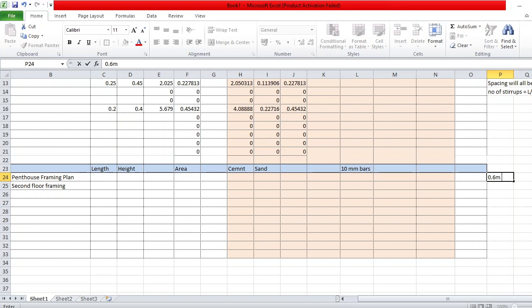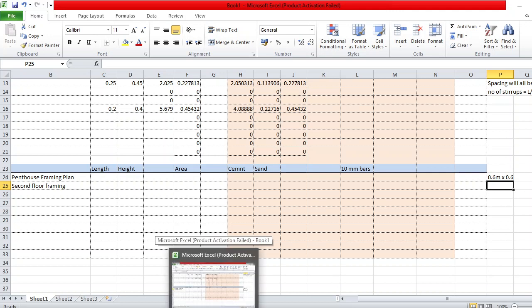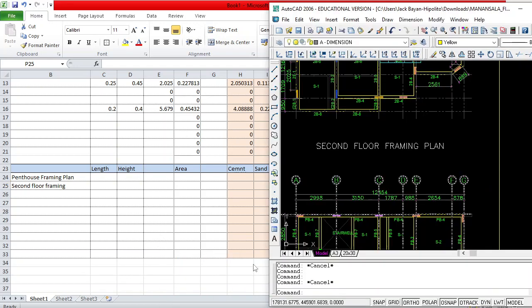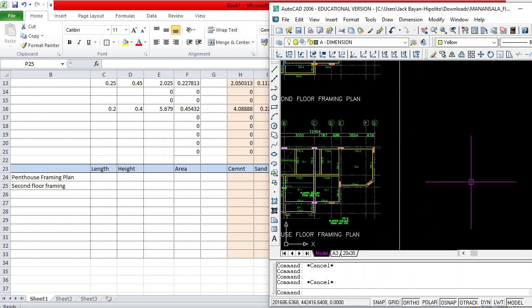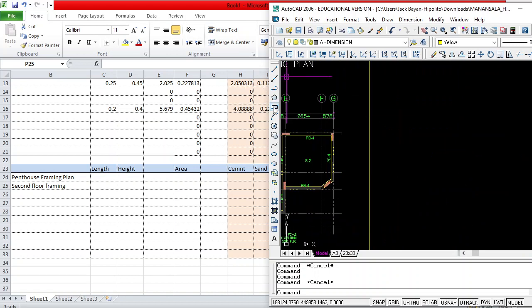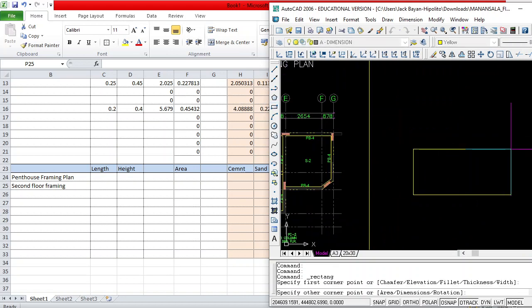Tapos 0.6 for every layer, by 0.6 by 0.6. Okay? So, imagine niyo kung paano ilalagay yung 0.6 by 0.6 na spacing na yon. For example, meron kang area dito. Say you have here a certain wall.